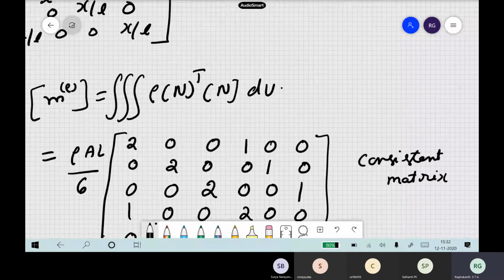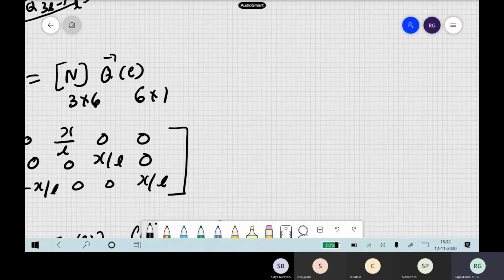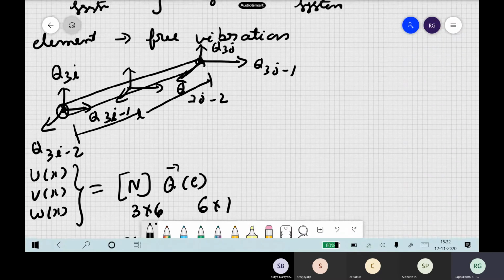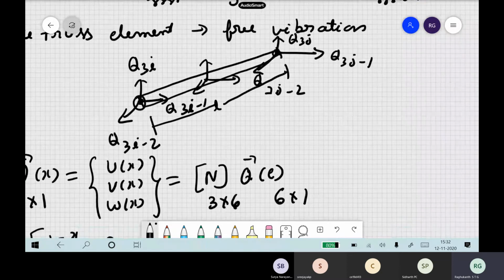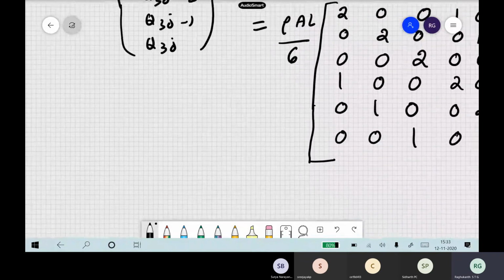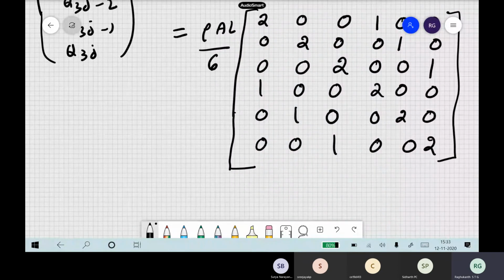If we want to do it as a lumped mass, you have to lump half of the entire mass at each node. Then you can derive your own mass matrix. It is up to you, but generally consistent is the one which is preferred, though in some calculations people use the other. So the mass matrix calculated here is a consistent mass matrix.